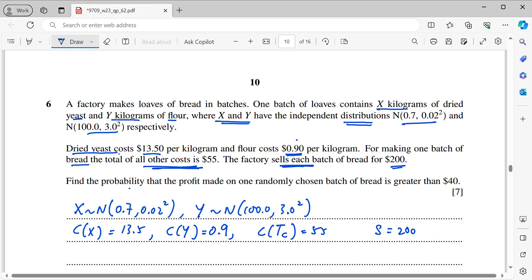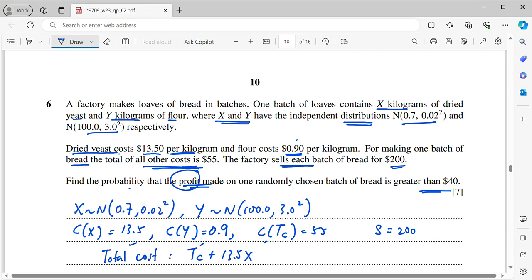Find the probability that the profit made on one randomly chosen batch of bread is greater than $40. So this is profit. All these are costs. Okay, so now from here I know that my cost, let's say this is the total cost. Total cost will be TC plus 13.5x, because this is per kilogram.